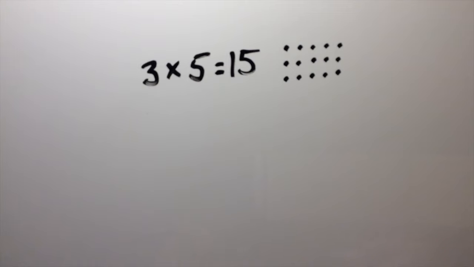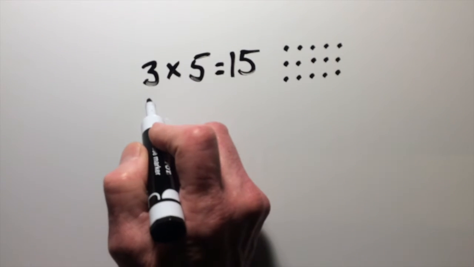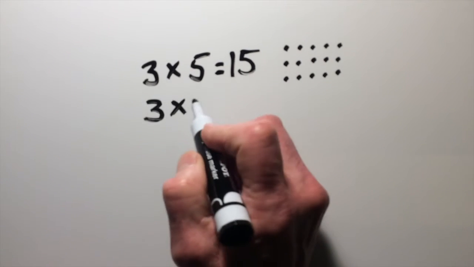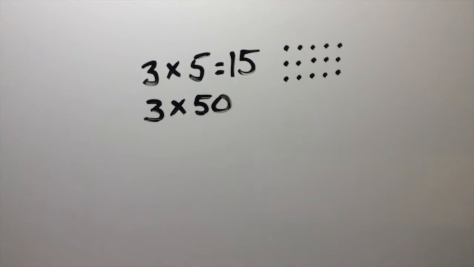But if I was to take that a little bit farther and say, what's 3 times 50? Now this would be a little more complicated if you were going to use an array, because you would have to draw 3 rows of 50. And I would probably get mixed up somewhere in there, either in drawing the array, getting the correct number of dots, or going back through and counting all of those.